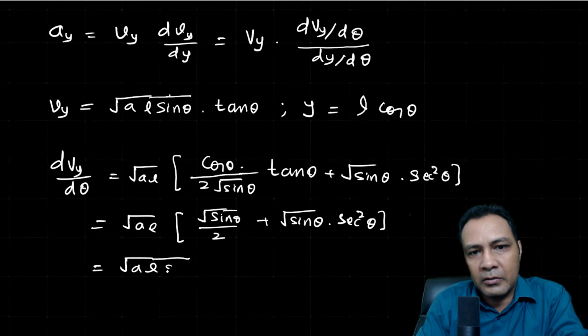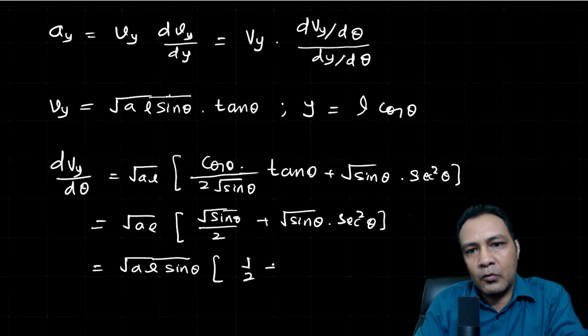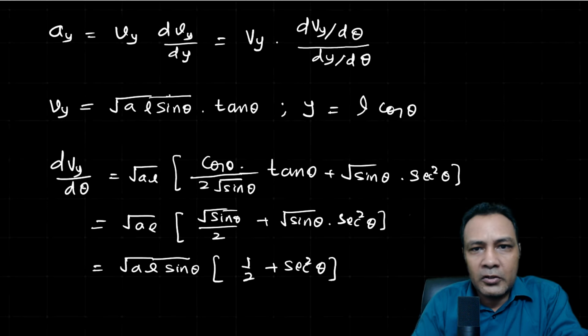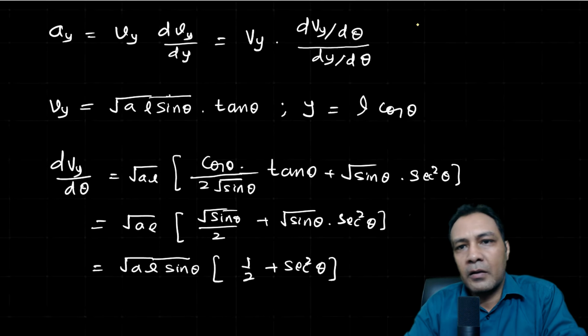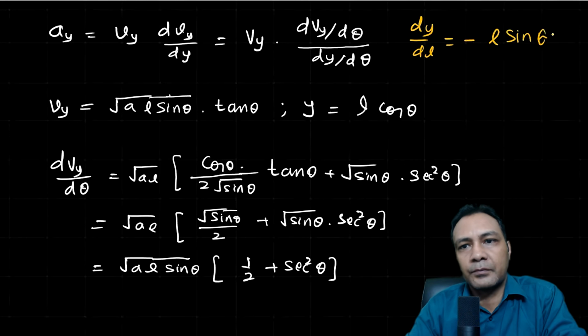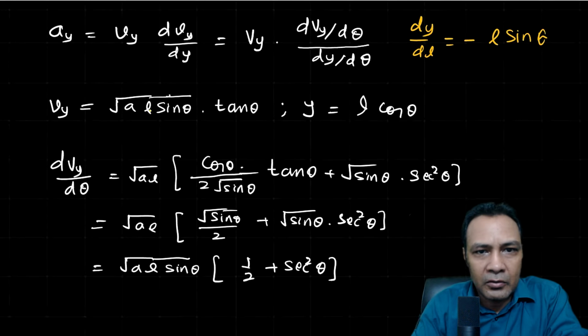So overall, it will come here, and here 1 by 2 plus sec square theta. For this part, I can do it here itself on this page. dy by d theta is nothing but minus L sine theta. So put all these things here on the next page.